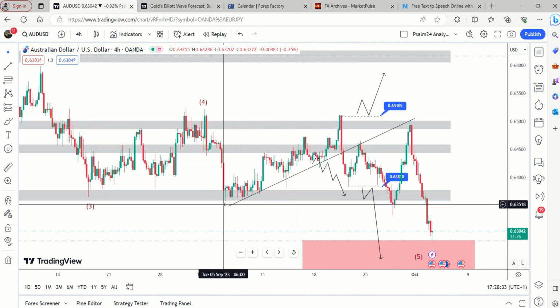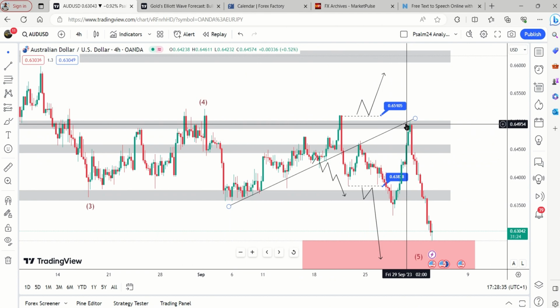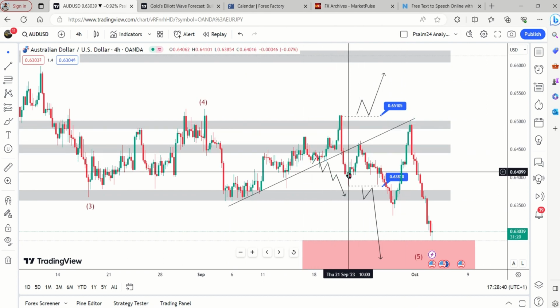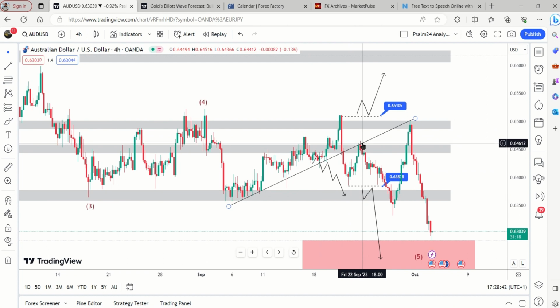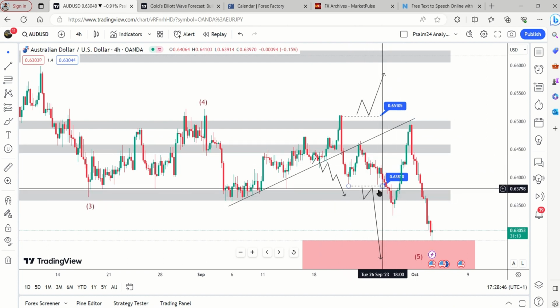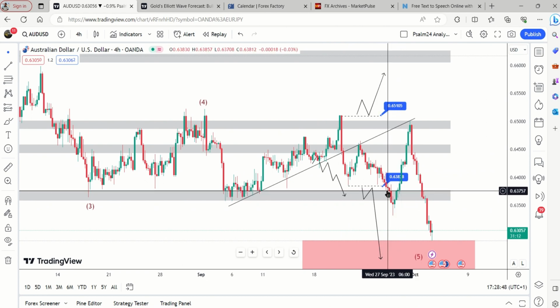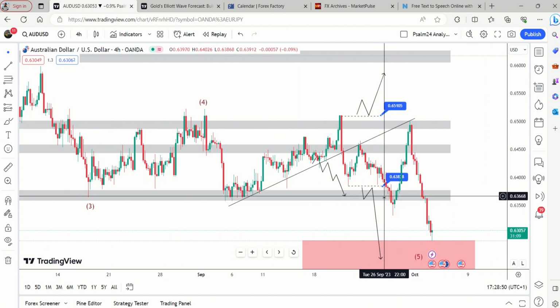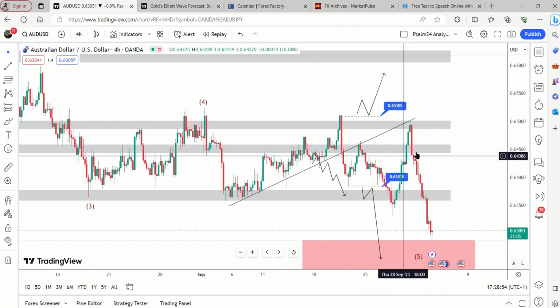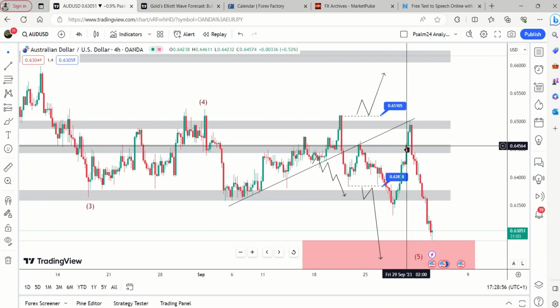What happened was the first outlook that was presented on this channel. We had a break and we had a retest, and we had the first run. We took partial on the support zone, and then we waited for the market to bounce off this resistance zone. But that did not happen.